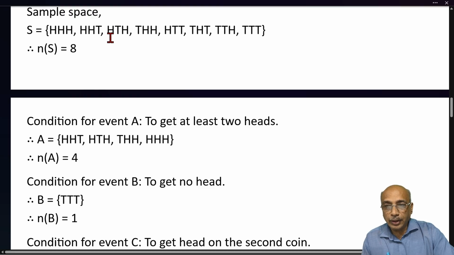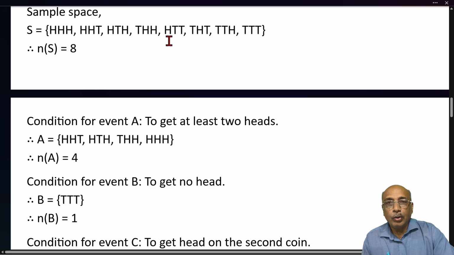Head in the beginning and the last in the middle, tail came, head came. Both heads came in the second and third, so first is tail. So HHH, HHT, HTH, and THH.